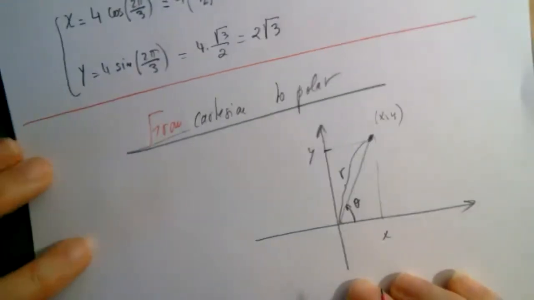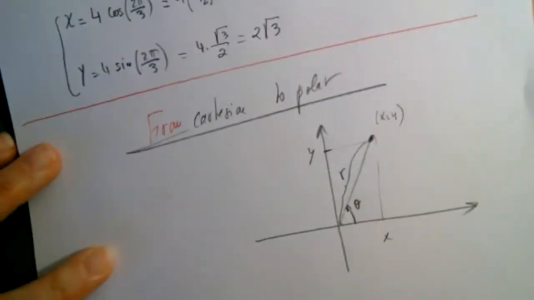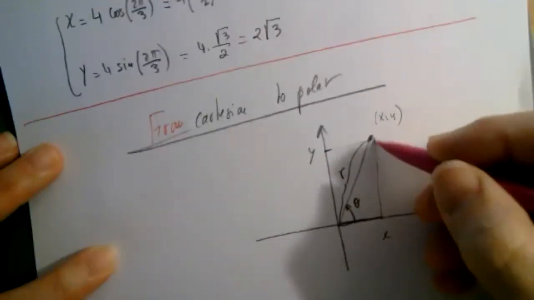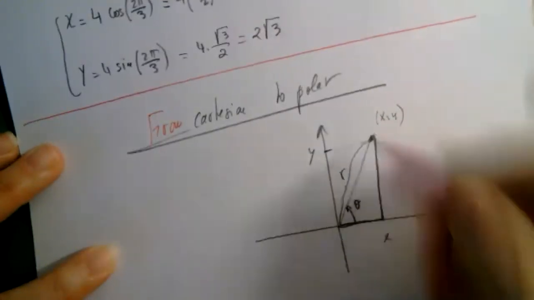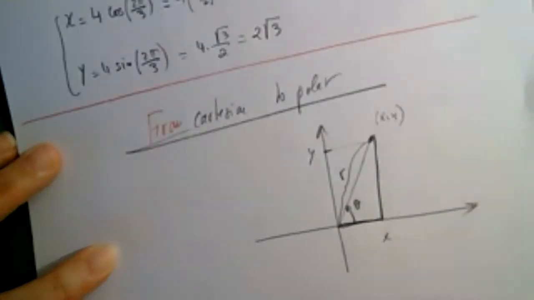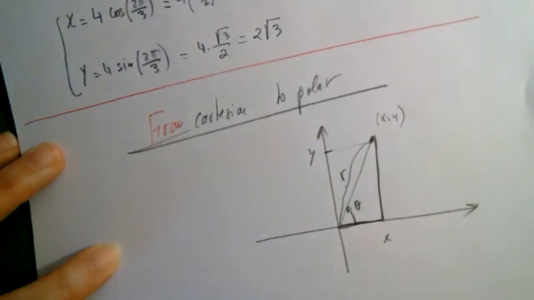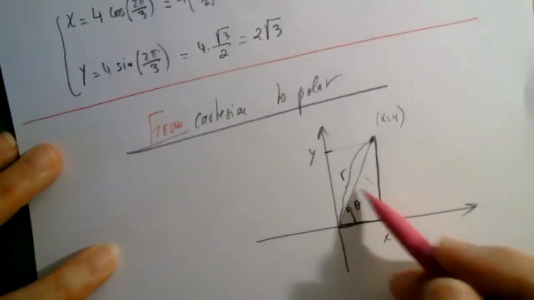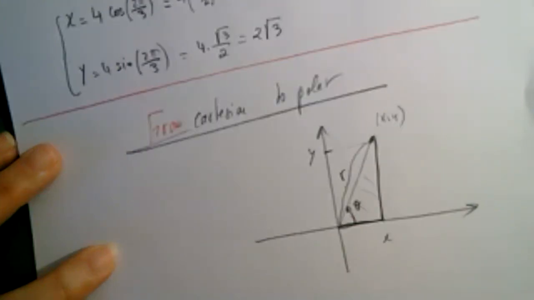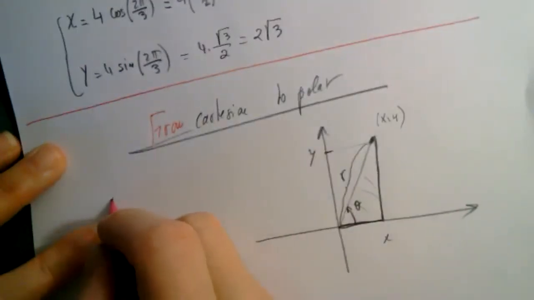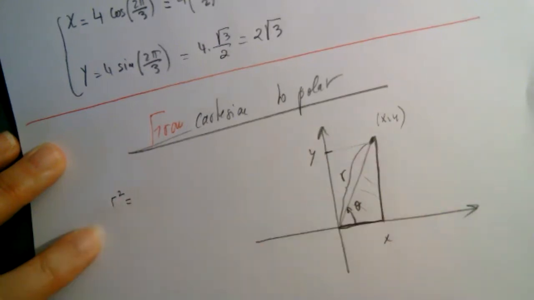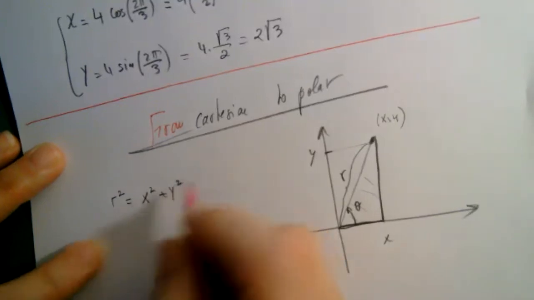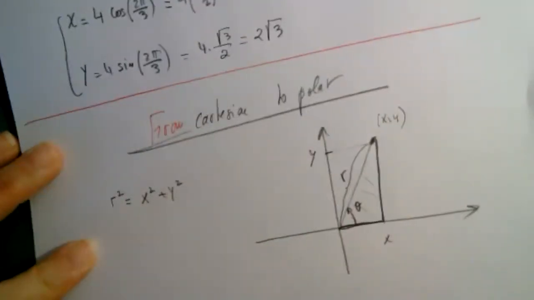First let me find r. If I know x and y, can I find r easily? You will memorize it, but can you find r easily? The Pythagorean theorem is always to the rescue. Because r is the hypotenuse, r squared is x squared plus y squared. So I can pull r immediately from here.